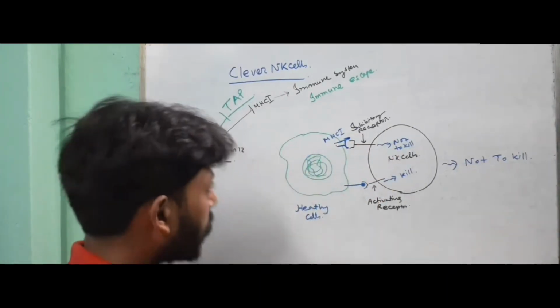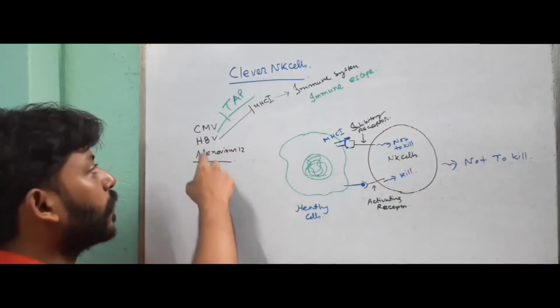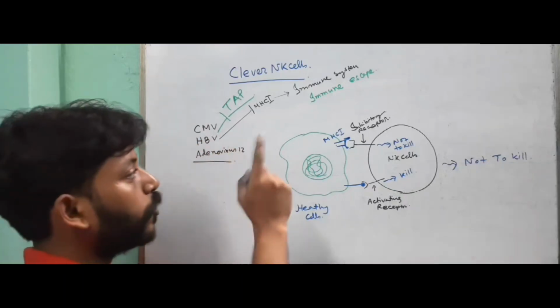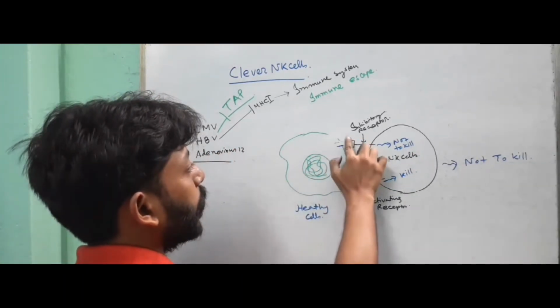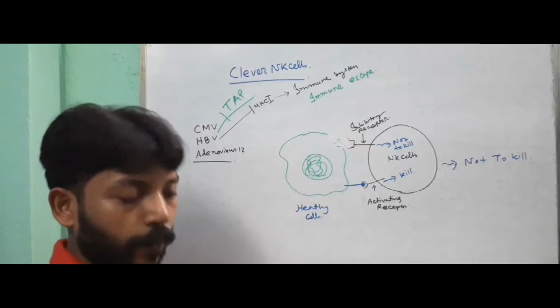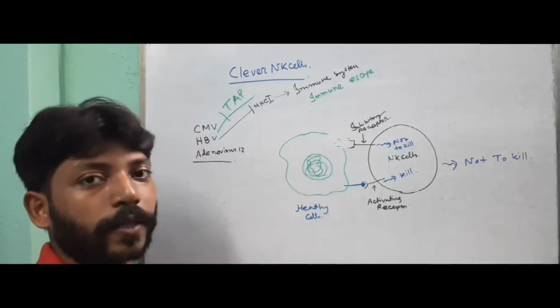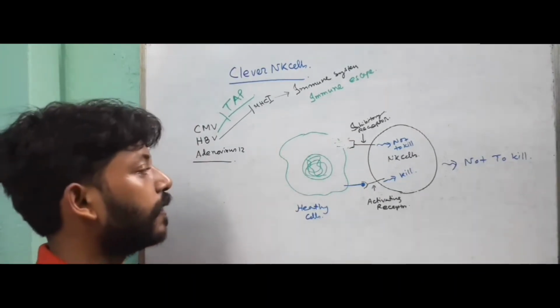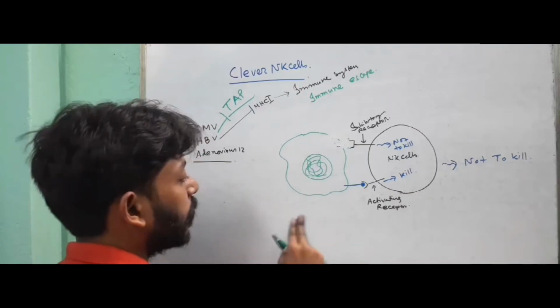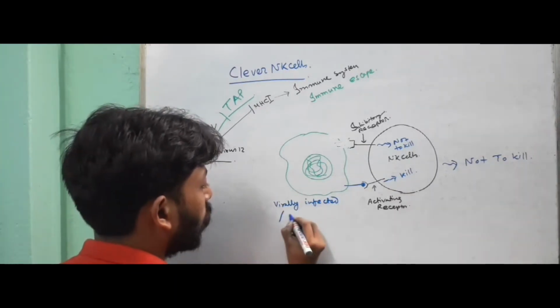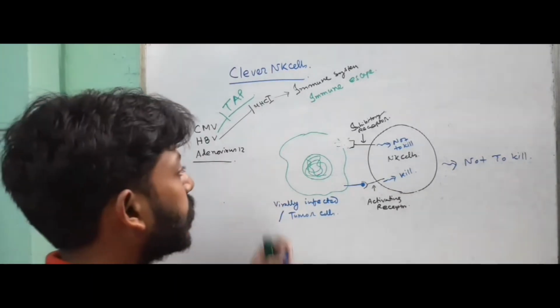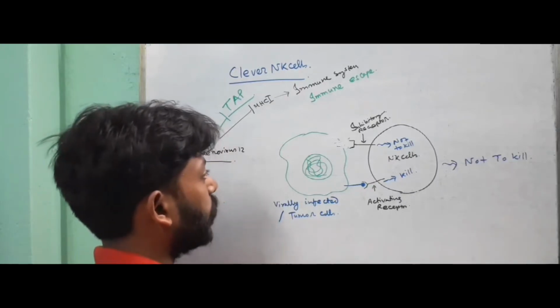But in the previous situation I told you that this virus tries to inhibit the MHC-I molecule, because by MHC-I the cytotoxic T cell can kill the cell. So if this is a virally infected or tumor cell, then these cells do not express MHC-I.